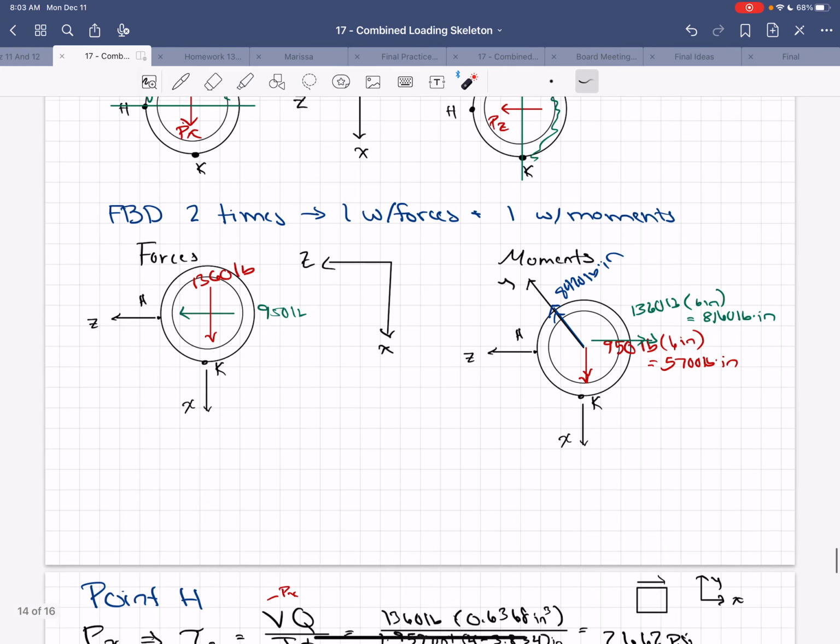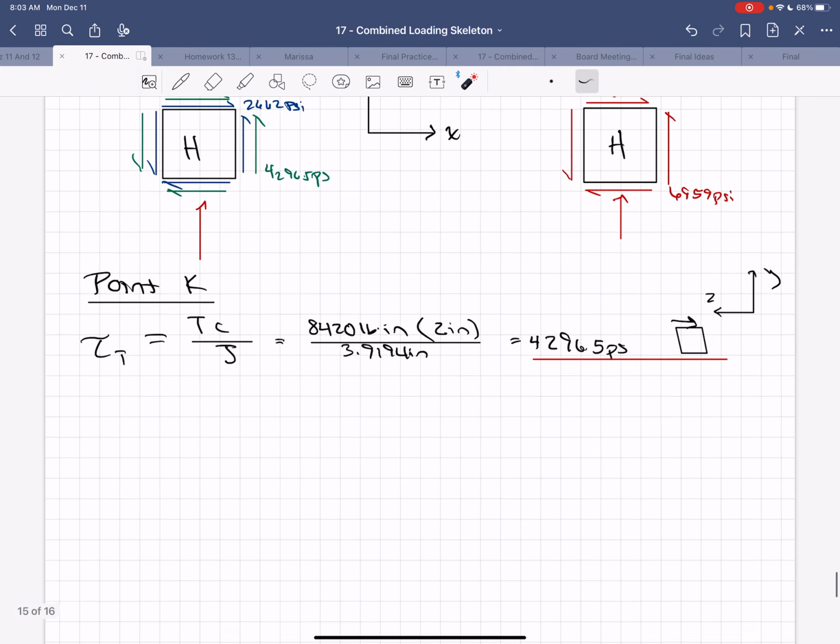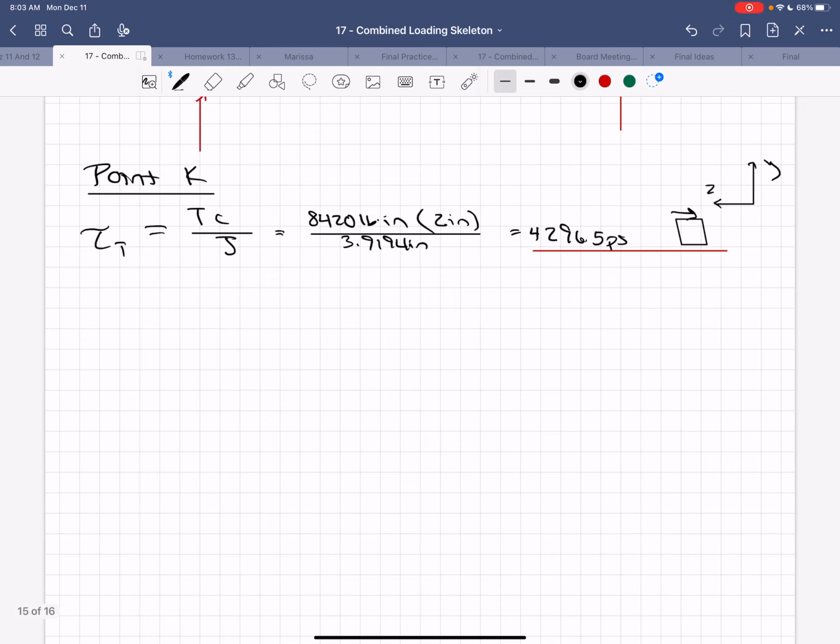All right, so from PZ, we have shear stress from bending equals VQ over IT. V, the shear force, is PZ, 950 pounds. Q, we calculated, is 0.6368 inches cubed.